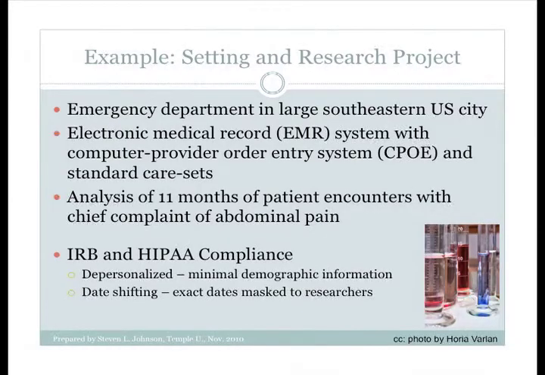So this setting was an emergency department in a large southeastern U.S. city. As I mentioned, they have CPOEs with standard care sets, at about 11 months. We focused on emergency room patients that had a chief complaint of abdominal pain that wasn't pregnancy related and wasn't like a wound. So it's just, I have a pain in my stomach.